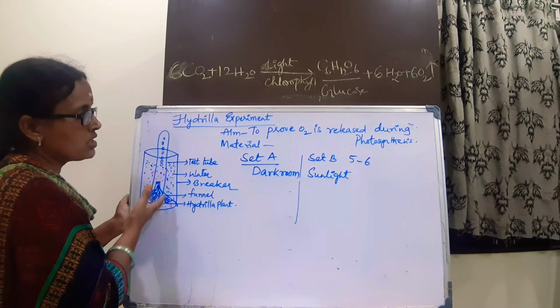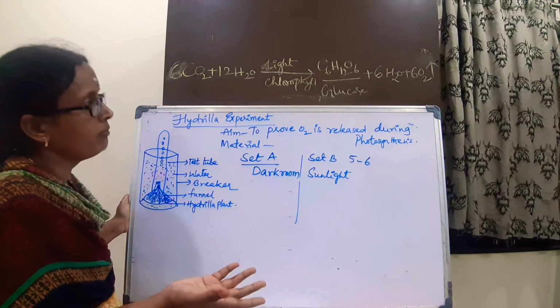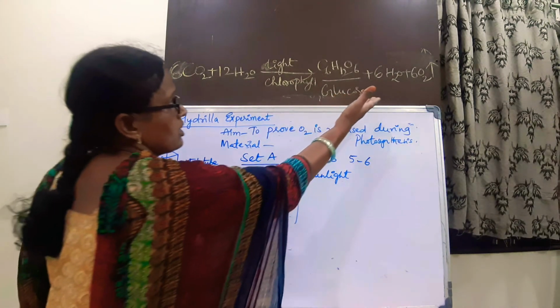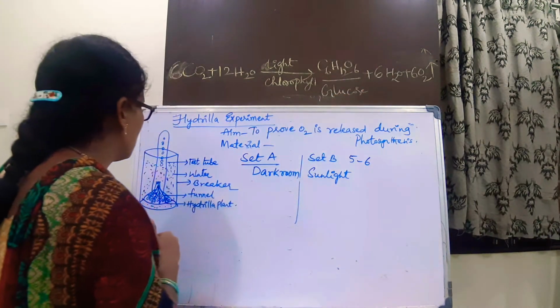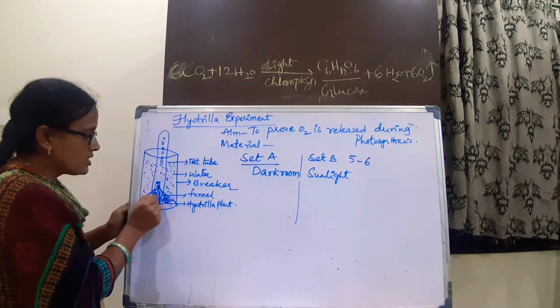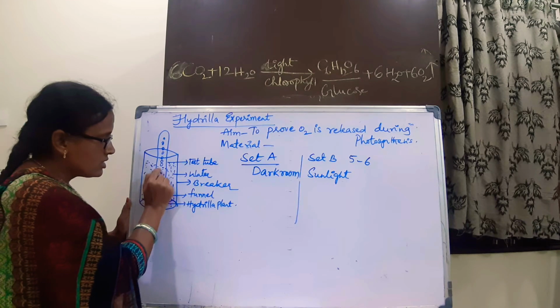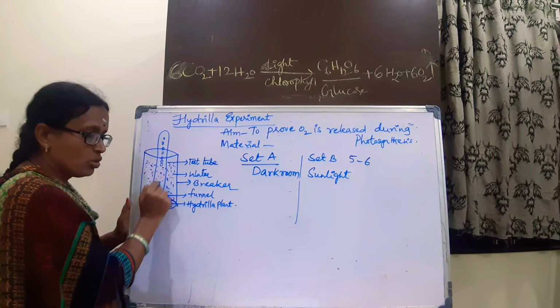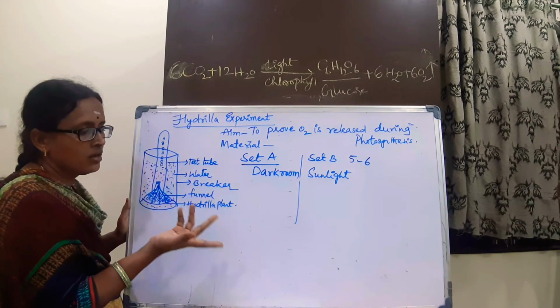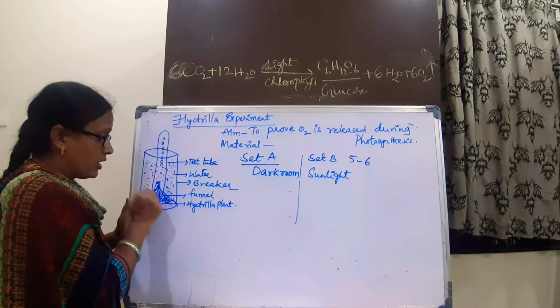When they do photosynthesis, they release byproducts. What are the byproducts? Water and oxygen. The oxygen that is released may enter this test tube only. That is the reason we are using the funnel.